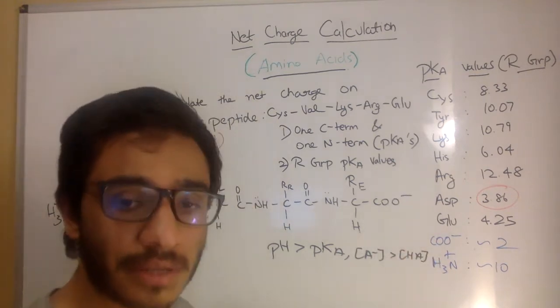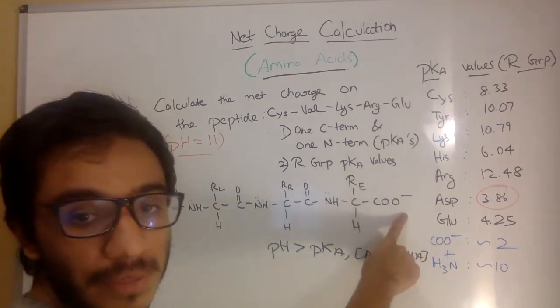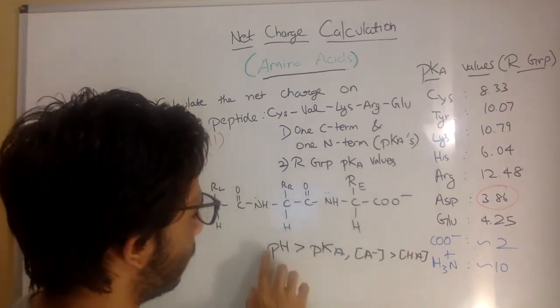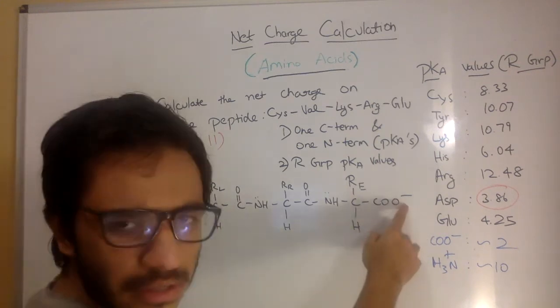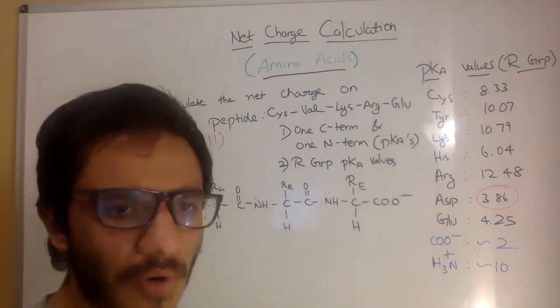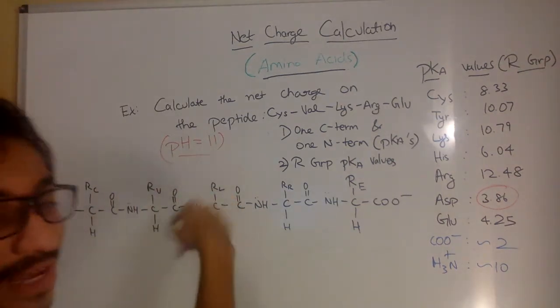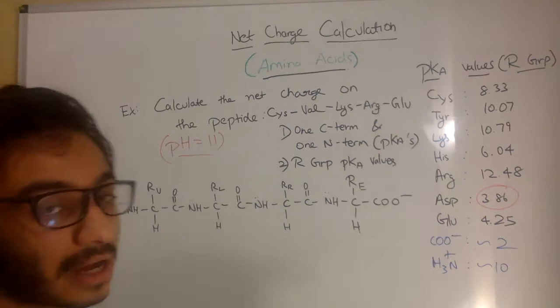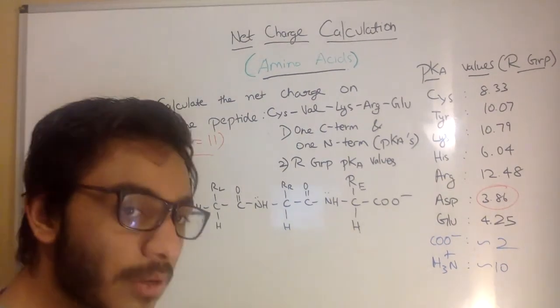That makes sense. So these two, the N terminus and C terminus, will be in their deprotonated form. The C terminus is already in its deprotonated form, but we need to deprotonate the N terminus, because in a basic environment, the OH minus ions will accept protons. Bases, you know, they accept protons, right?